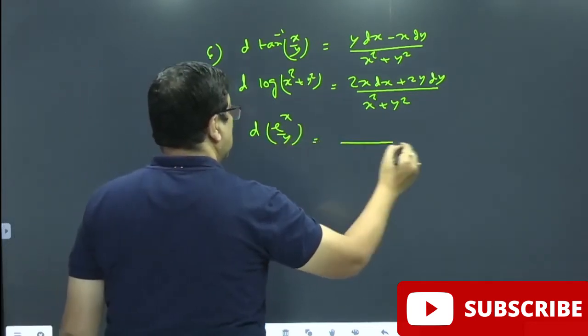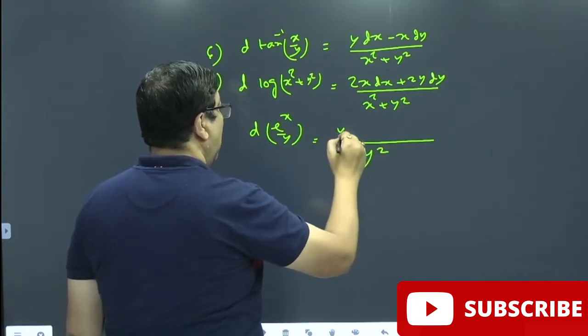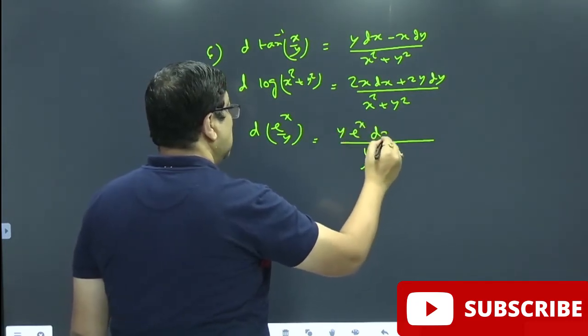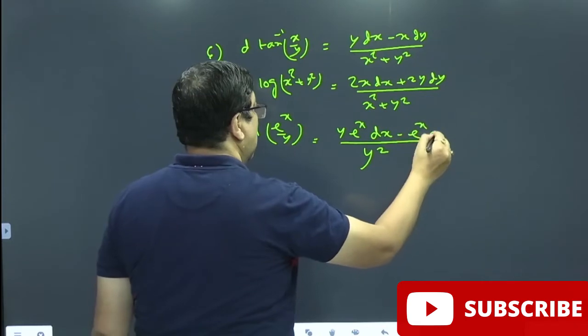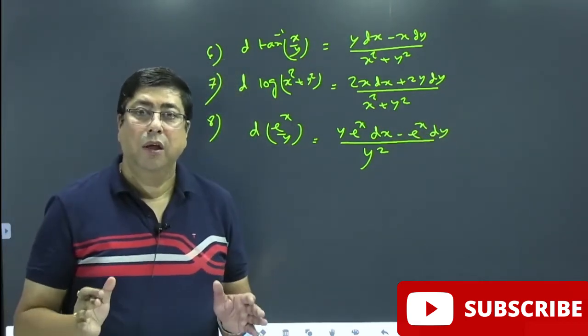d of e to the power x by y. If we apply this, we are getting (y e to the power x/y dx minus x e to the power x/y dy) by y square. So all these formulas are very much important to solve the sum.